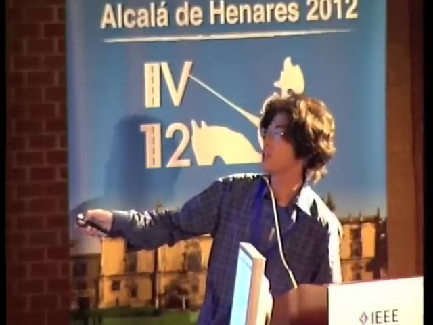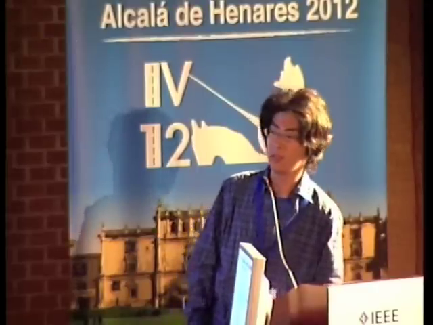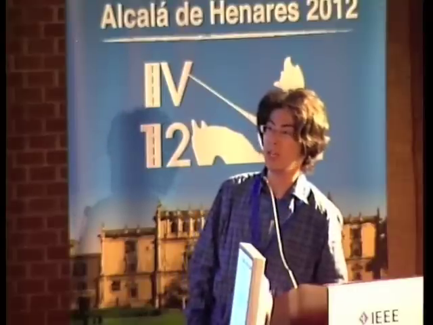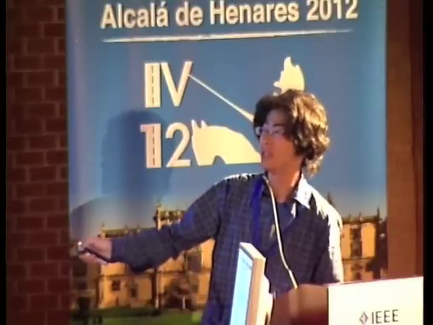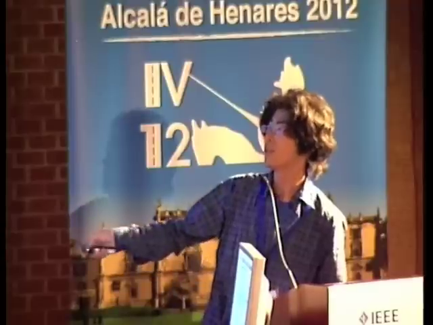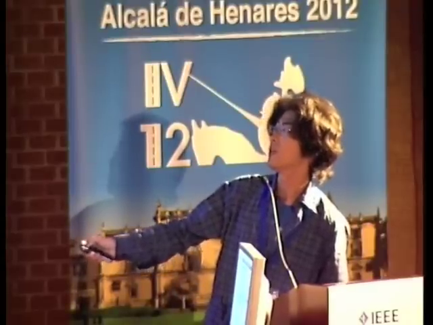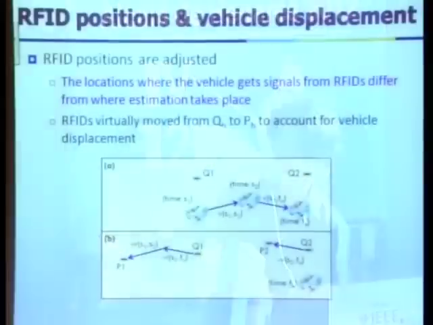Within this duration, the vehicle moves from here to here to here. It is difficult to estimate the accurate position, so we need the situation like this bottom figure. To achieve this situation, we use the vehicular displacement, like this arrow.